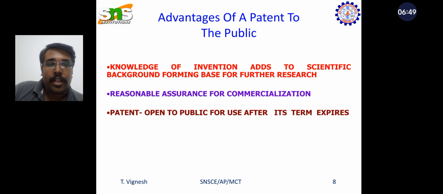There is also reasonable assurance for commercialization, because the patent holds the rights for the inventor, so nobody can copy their work. And it is open to the public for use after its term expires, or if the government wants to take away the patent for the benefit of the people, they can. This is the advantage of having a patent to the public.